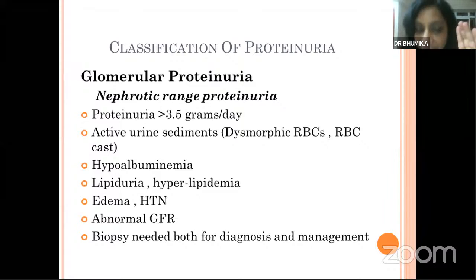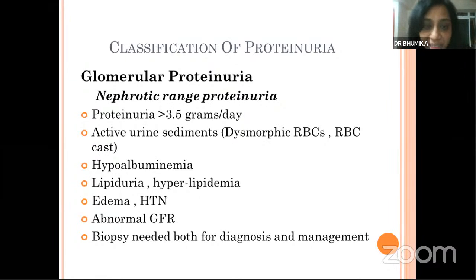This is how we define an active urine sediment. Then other features of nephrotic range proteinuria: hypoalbuminemia, lipiduria or hyperlipidemia, edema, hypertension, abnormal GFR, which again is calculated if there is a high creatinine. Biopsy is a definite indication for diagnosis as well as management.